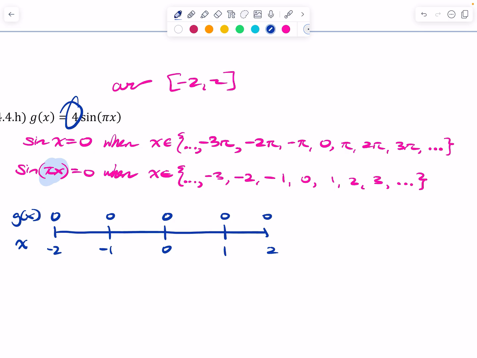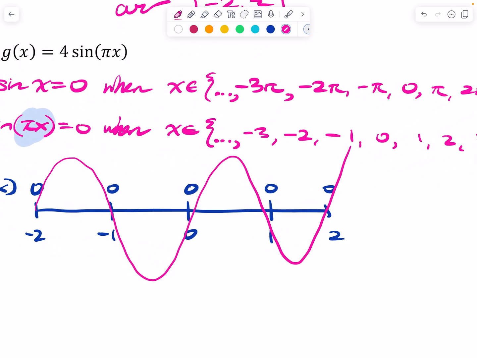So, is the graph positive? Is the graph negative? There are a ton of ways to figure this out. If you want, you can kind of pseudo draw the sine function here. It's pretty much doing that. I know it's not 100% accurate, but it gives us that idea. And again, if it helps you, yeah, draw it. Why not?